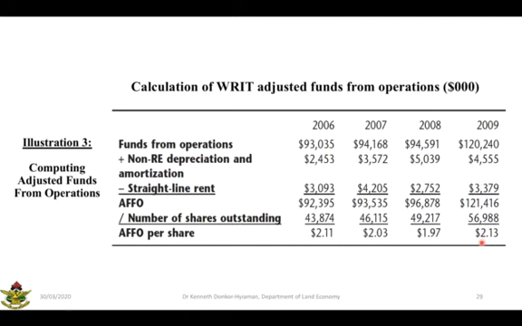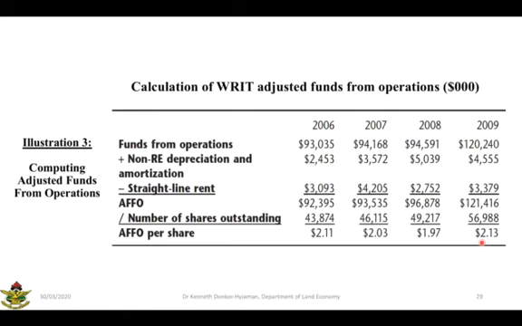To calculate the adjusted funds from operations, we must adjust rents back to their actual levels by subtracting the straight line rent and adding back non-real estate depreciation and amortization. As shown in the table, the adjustment to funds from operations for the REIT in 2009 is $3,379,000.